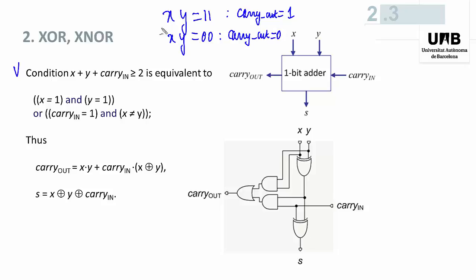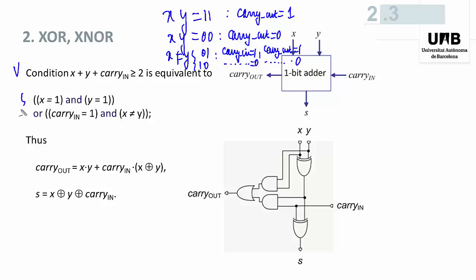Then it remains the case when x and y are not equal, 0, 1 or 1, 0. Then it depends on the carry. If the carry in is equal to 1, then carry out will be equal to 1, and if carry in is equal to 0, then carry out will be equal to 0.